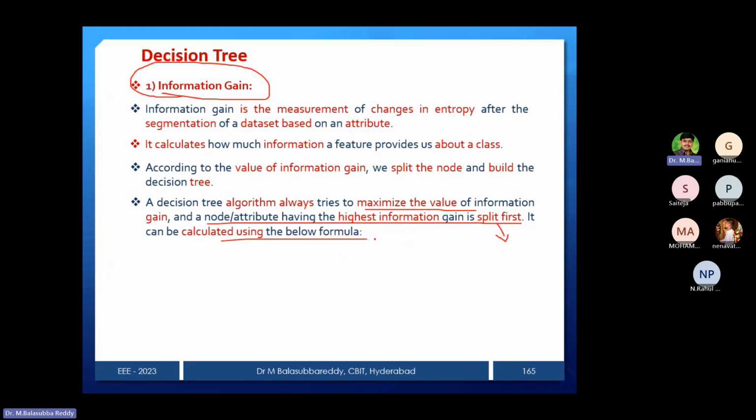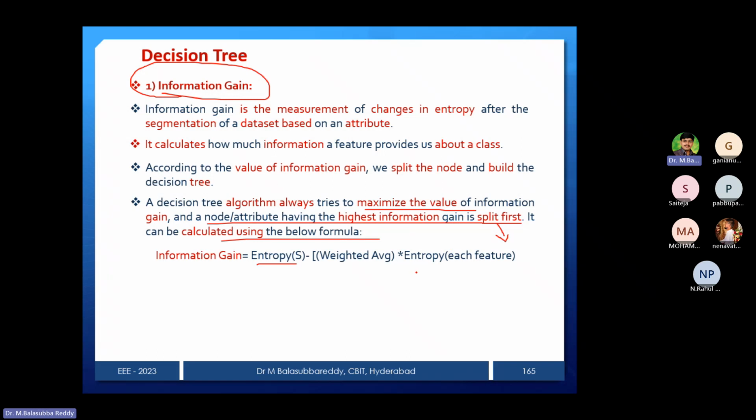It can be calculated using a formula as well. The formula for information gain is: entropy of S, where S is the root node, minus the weighted average times the entropy of each feature.